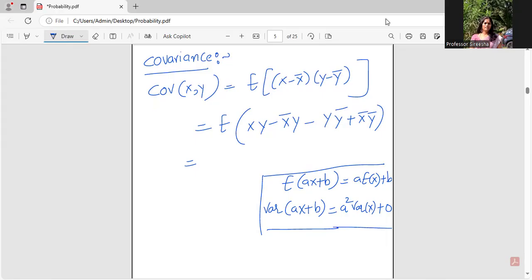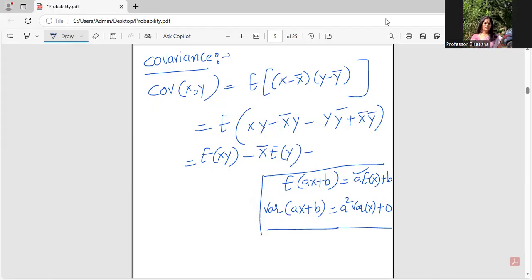Now, clearly I can see in this formula, the constant is taken out and expectation E is applied to the variable. So if I do the same thing, x and y both are variables in the first term. In the second term, x bar is nothing but the mean of x, which would be a constant. So x bar can be taken out and I can write E of y.